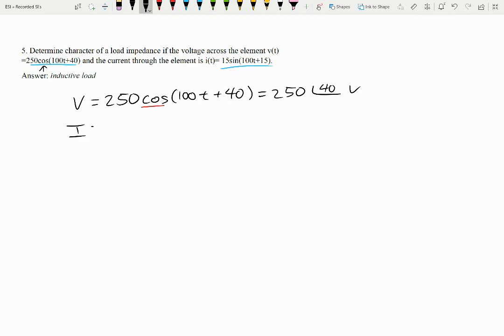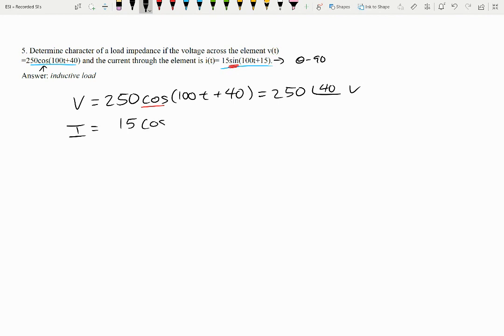Let's take a look at the current. The current is 15. Here it says sine. Gotta be careful. Gotta change that. So we'll subtract 90 degrees from our phase angle.